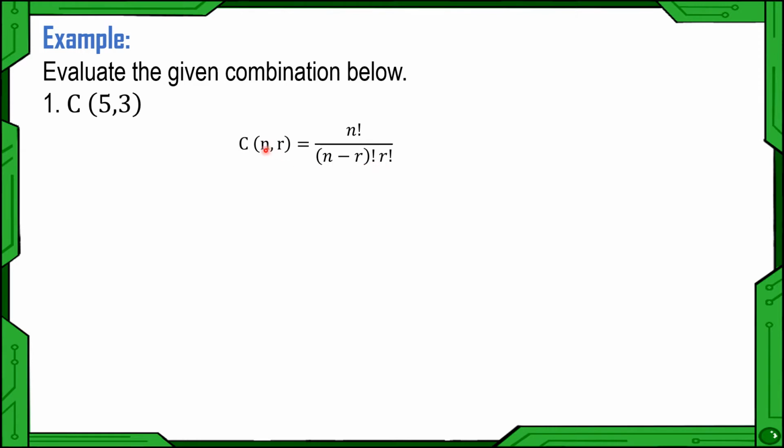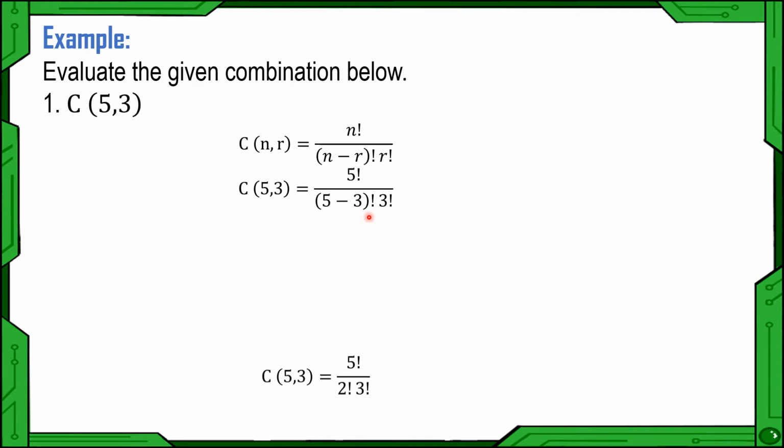So the value of N is 5 and the value of R is 3 from our given. So let us now substitute the given. So we have combination of 5 and 3 is equal to 5 factorial over the difference of 5 and 3 factorial multiplied by 3 factorial.